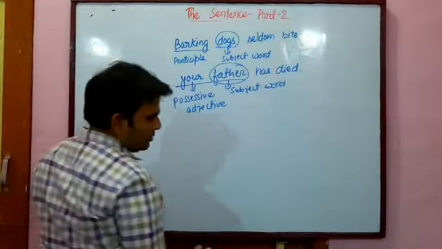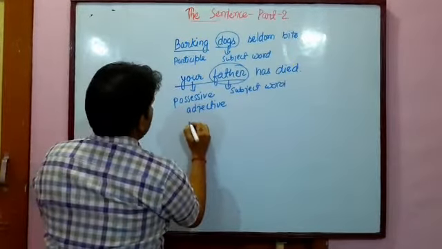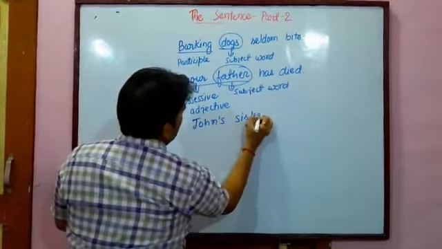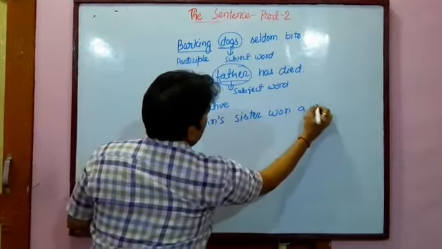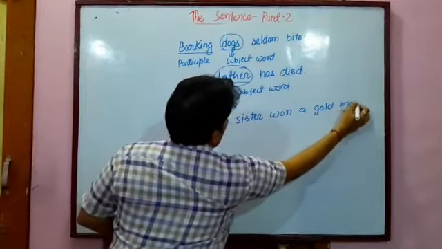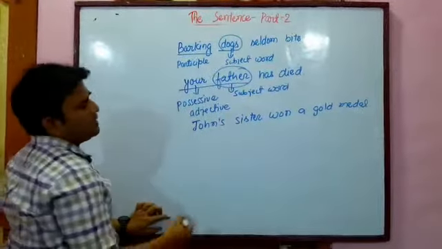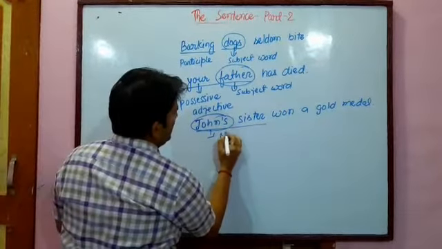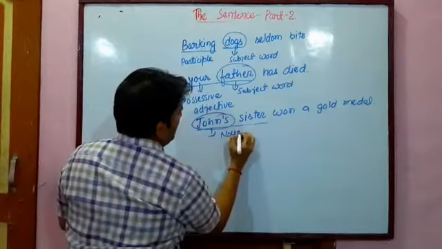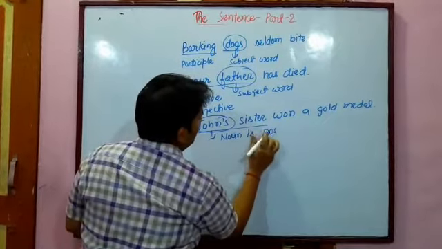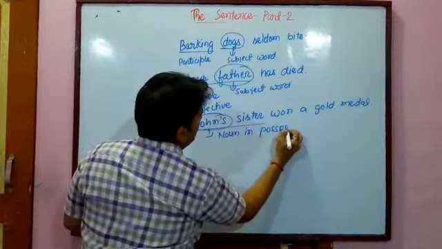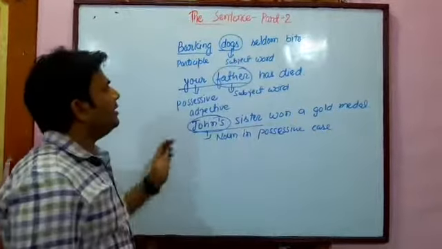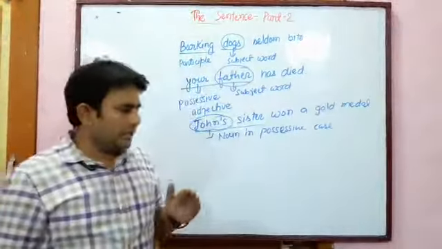Now see the next sentence: John's sister won a gold medal. In this sentence, in the subject John's sister, the word John's is a noun in the possessive case. Here we have discussed the attribute.